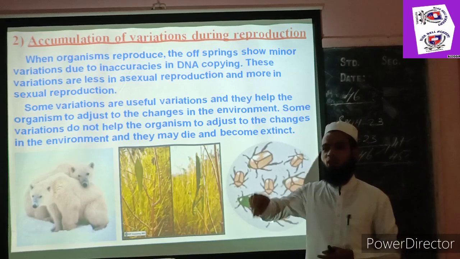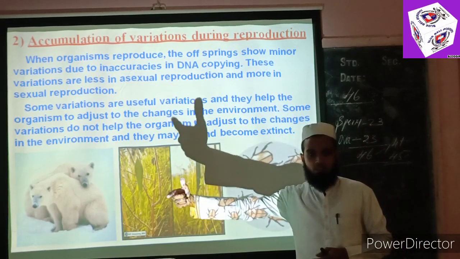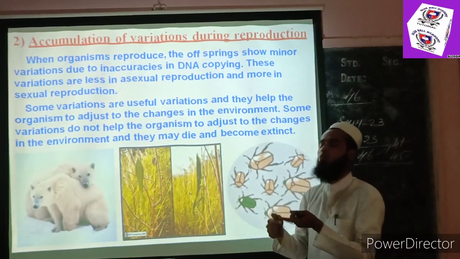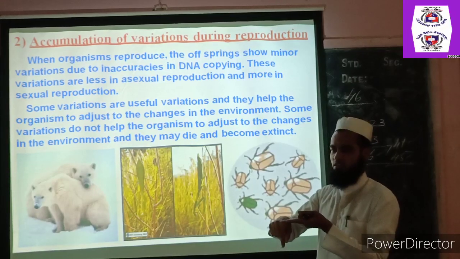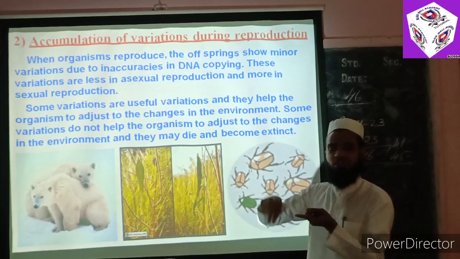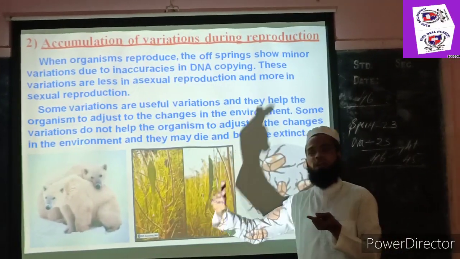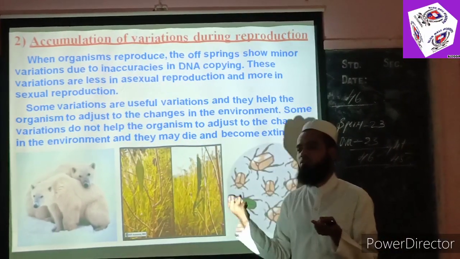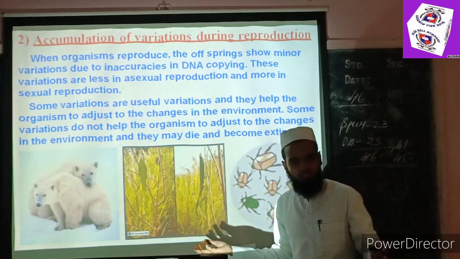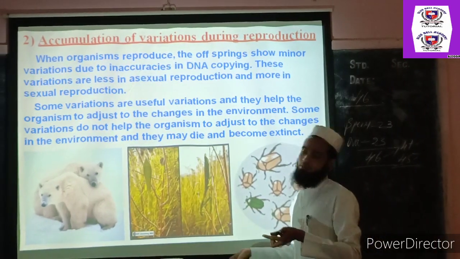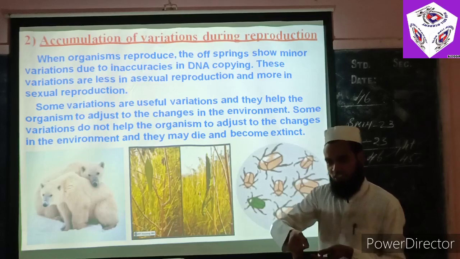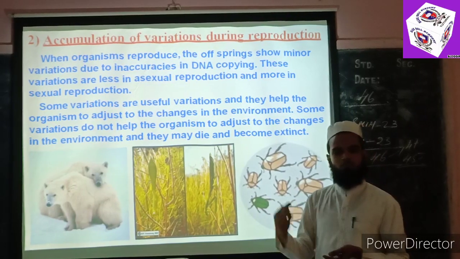What is the reason they survived and they died? The bacteria that survived have a variation, and that variation makes them survive and adjust better to the environment, whereas those bacteria that died didn't develop the new variation, hence they died. So we have both the positive aspect and the negative aspect of variation.